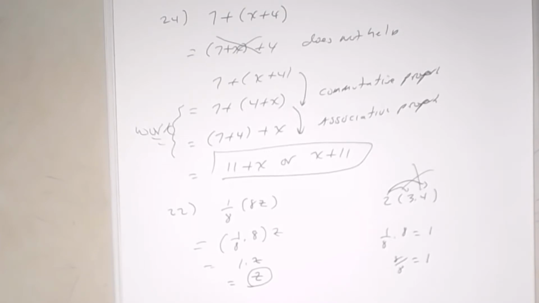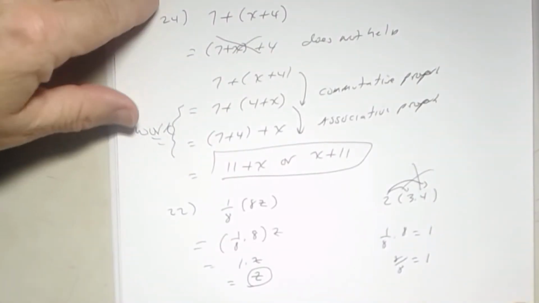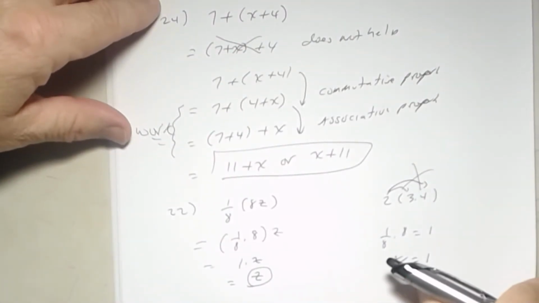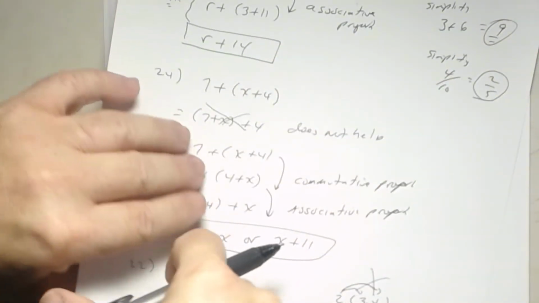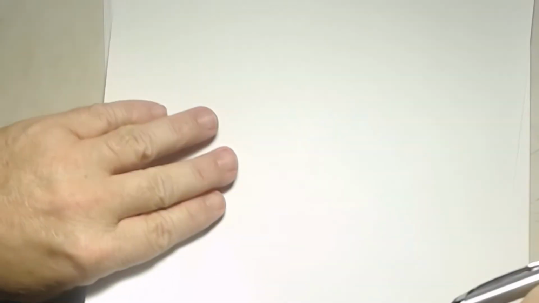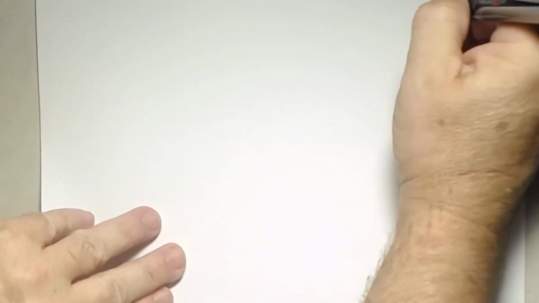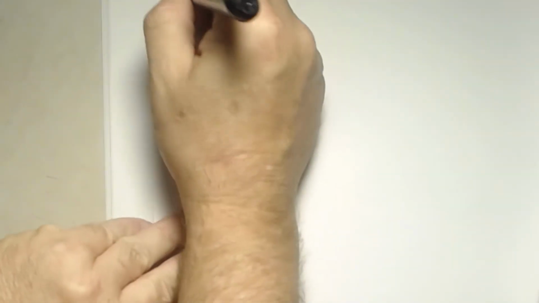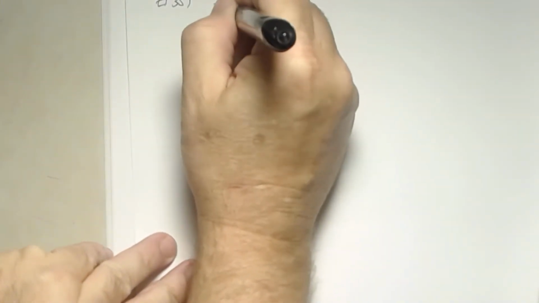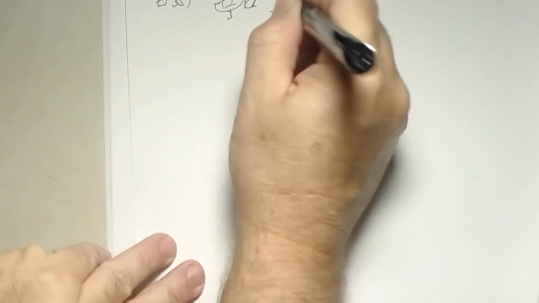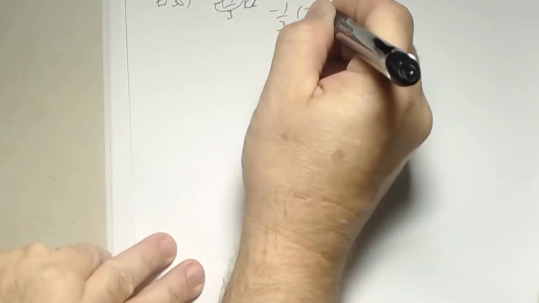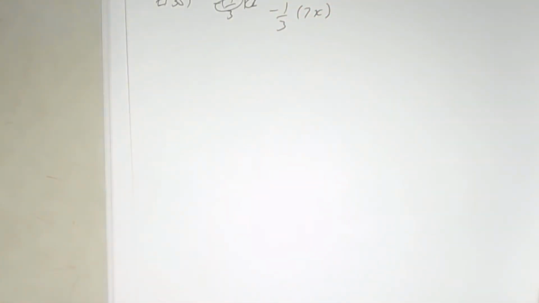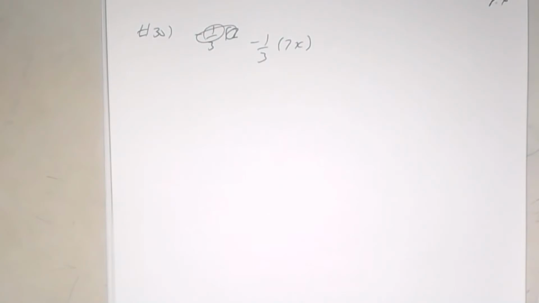Let's look at number 30. Number 30, you have negative 1/3 times 7x.